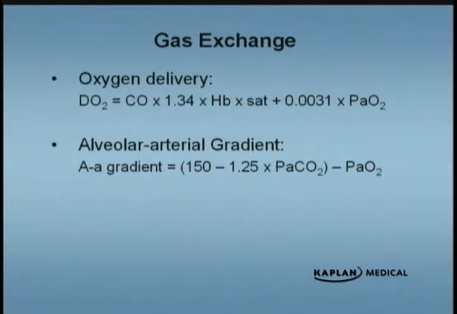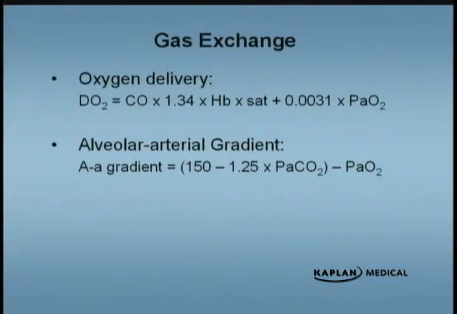Where is this hypoxemia coming from? That's what the alveolar arterial gradient tells us. A patient that has pulmonary disease as a cause of the hypoxemia has an elevated alveolar arterial gradient. I'm going to explain that in just a couple seconds.